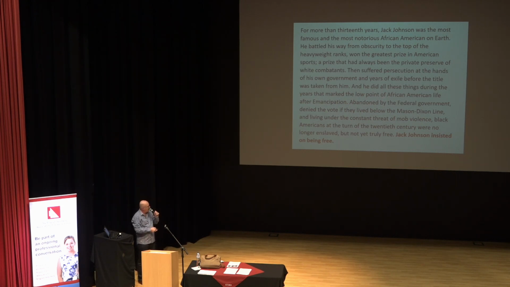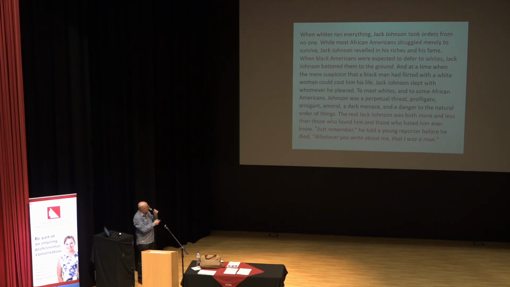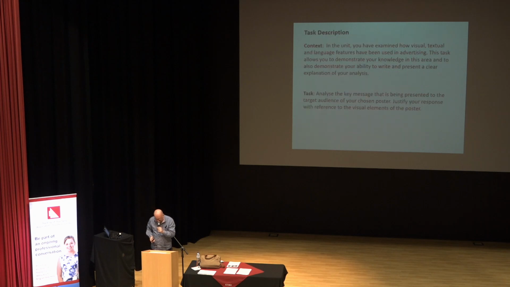And then hopefully you're picking up on what the big thesis is, the big theme: Jack Johnson insisted on being free, and that he took orders from no one. It's an incredible story if you haven't ever heard of him. There are so many stories about boxing. Just wonderful stuff. Let's not get on to that.